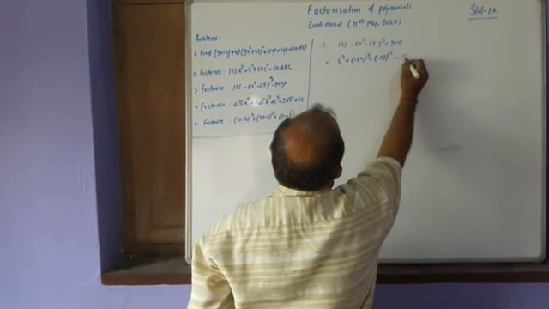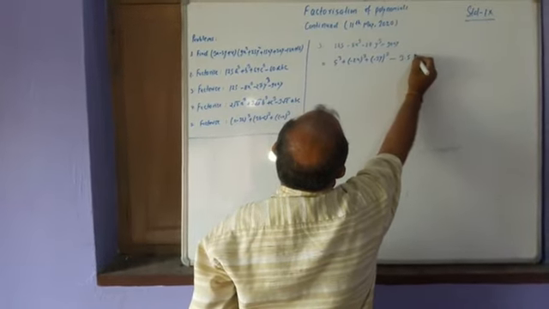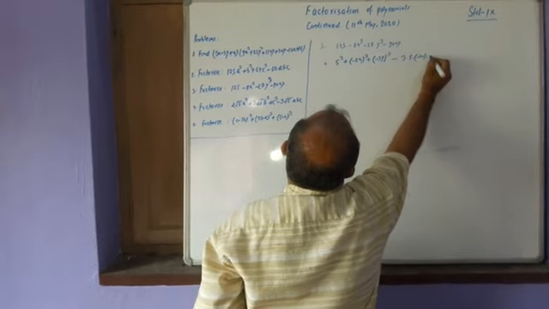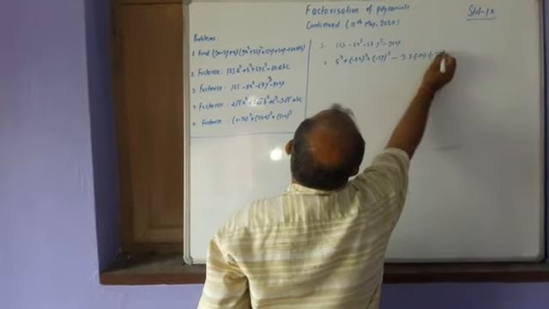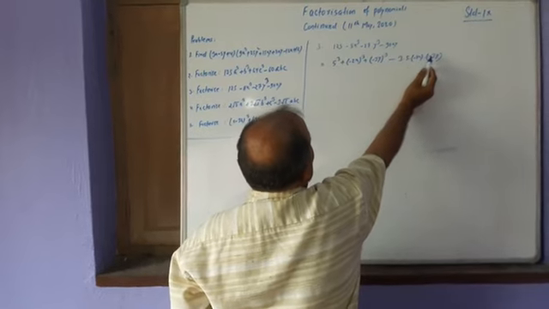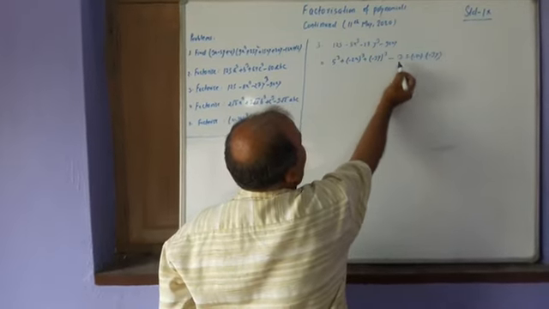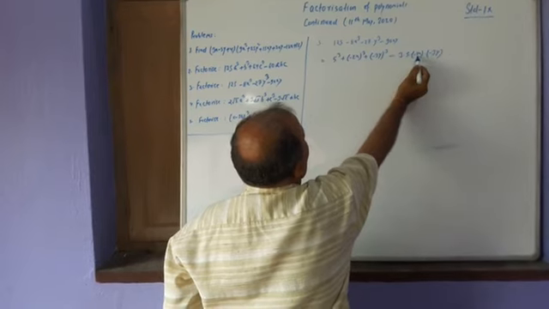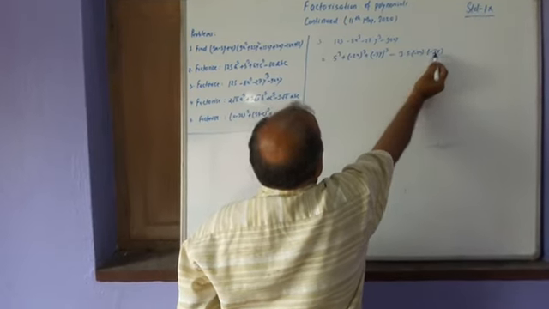And we may write 3 into 5 into minus 2x into minus 3y. Here it is minus. 3 5s are 15, 15 6s are 90.